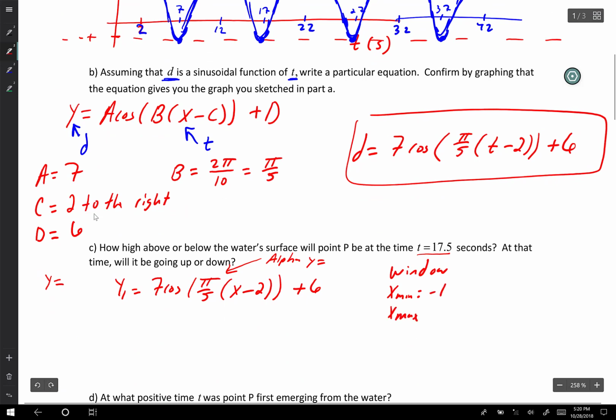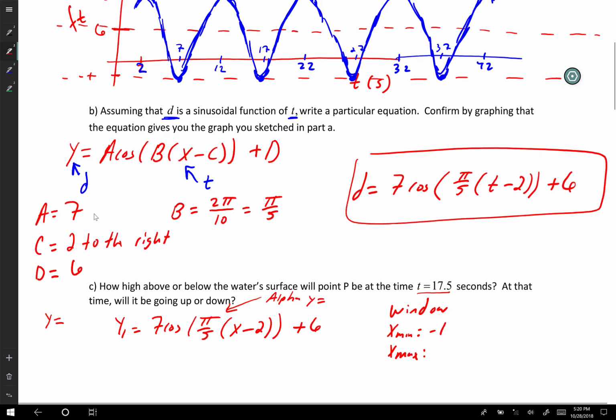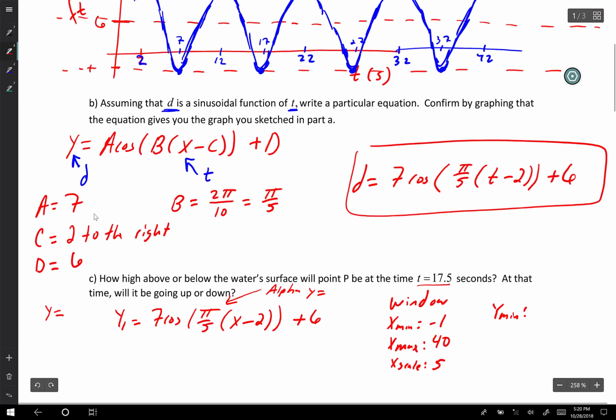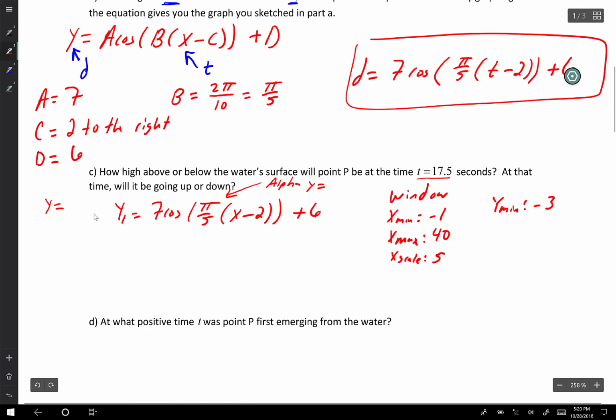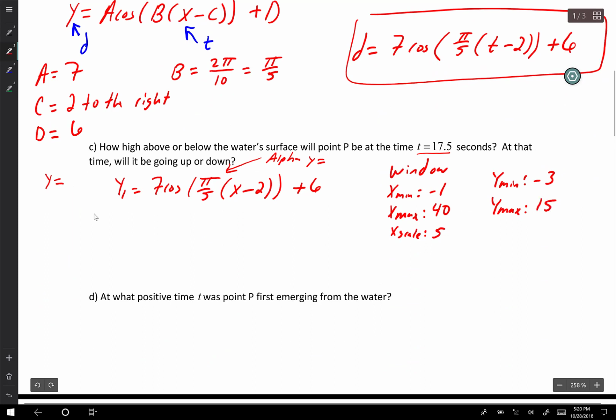X max, well, they only want 17.5, but make it like 40 or 42. X scale doesn't matter, guys. Go by like 5 if you want. Y min, you only go to -1 again, so make it like -3. Y max, make it 15. And then Y scale doesn't matter again. You can make it like by 1. All right, now push graph.